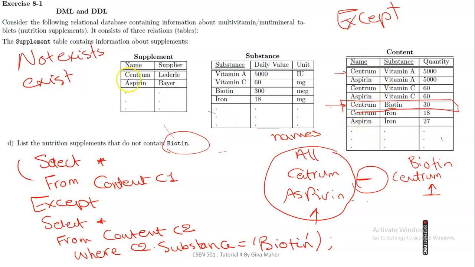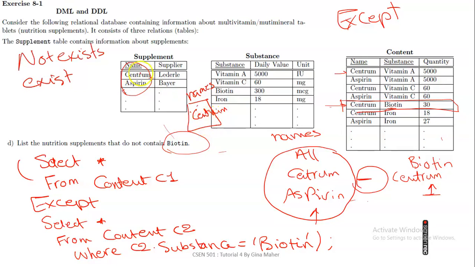For example, here we want to have all the names and check that this name is not found in the names of the content that have biotin. So we want to get the name of the content that has biotin, which in this case is centrum, and then check that this name is not found in this name.